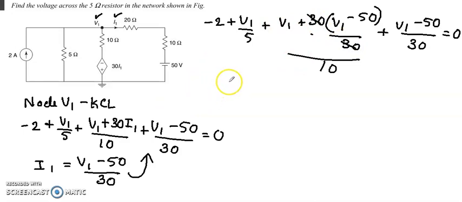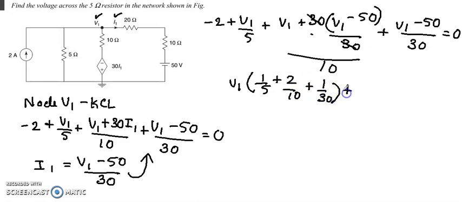Then now we can regroup it as V1 into 1 by 5 plus 2 by 10 plus 1 by 30, plus minus 2 minus 50 by 10 minus 50 by 30 is equal to 0.